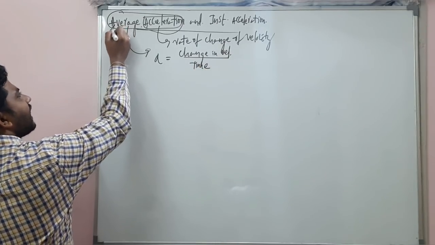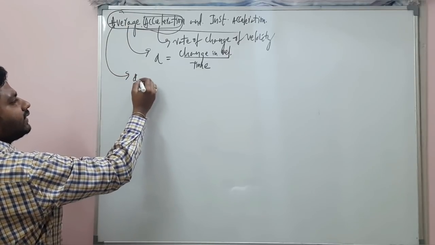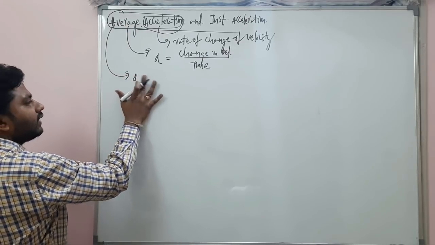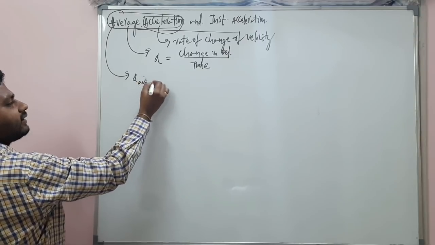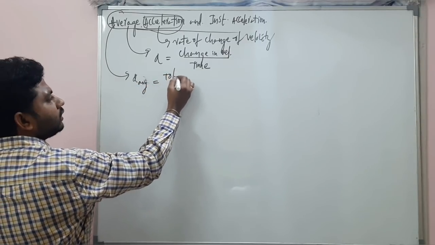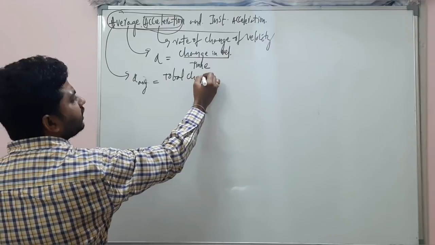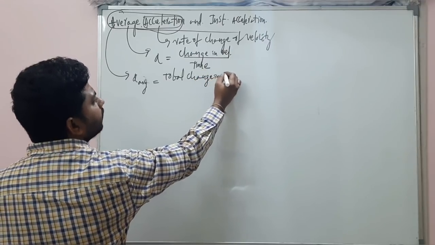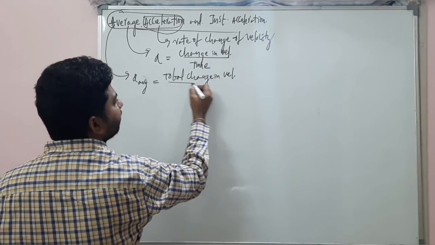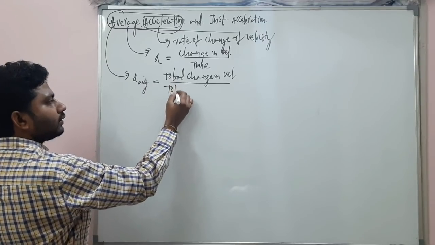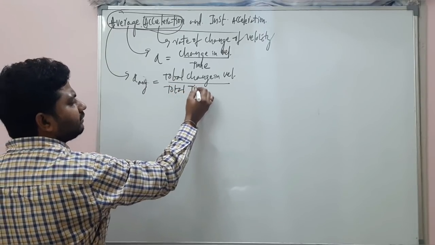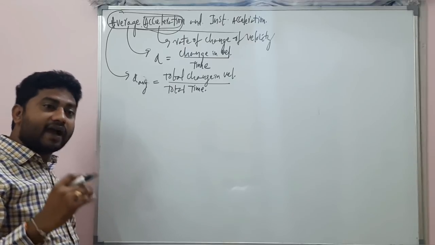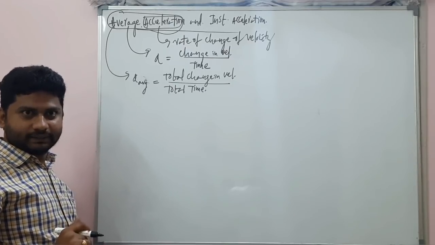The average acceleration, when you write, it will be the total change in velocity divided by the total time taken. So this is called the average acceleration.